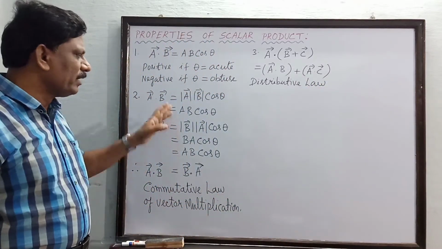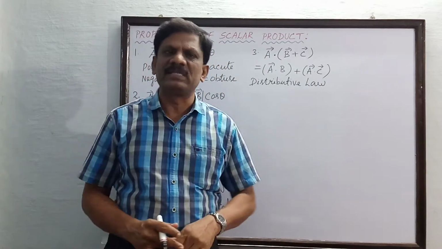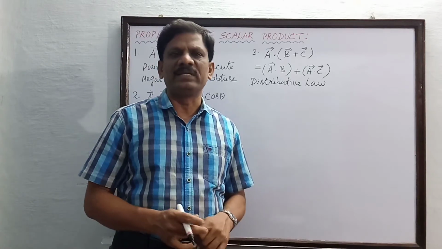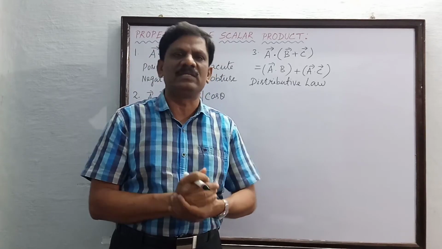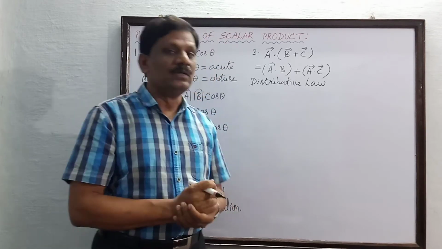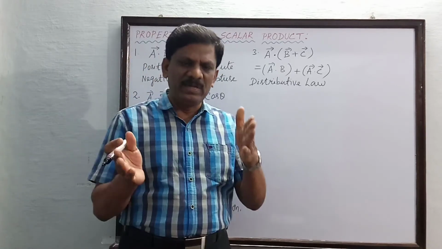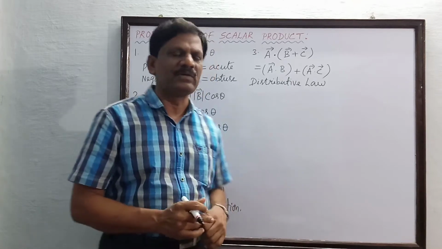You have to remember always, while preparing for examination, properties 1, 2 and 3 together as one set. Okay students, now the next 4 properties will be another sequence. Together you have to remember.